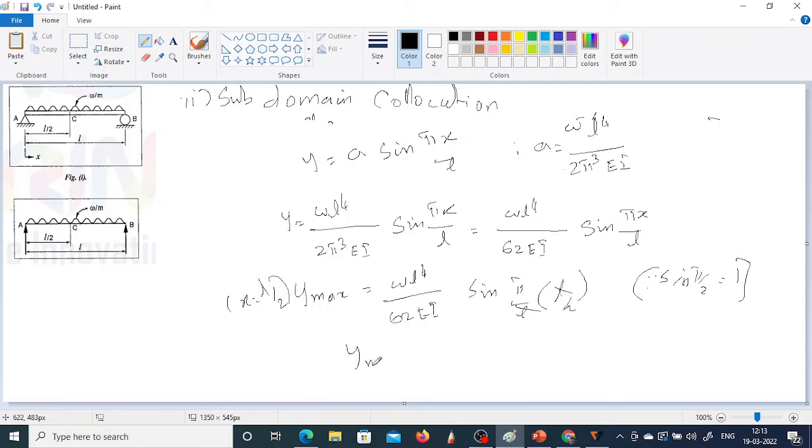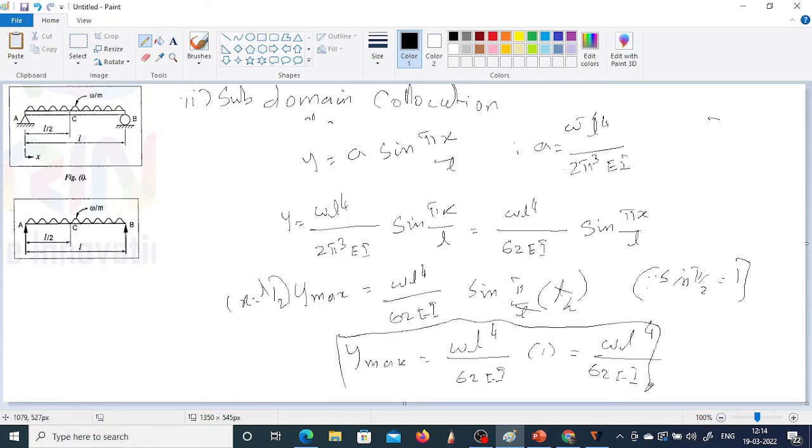So y maximum is equal to WL power 4 divided by 62 EI into 1. So the y maximum occurs at WL power 4 divided by 62 EI, which is the answer I got from the subdomain collocation method of finite element analysis for the deflection problem.